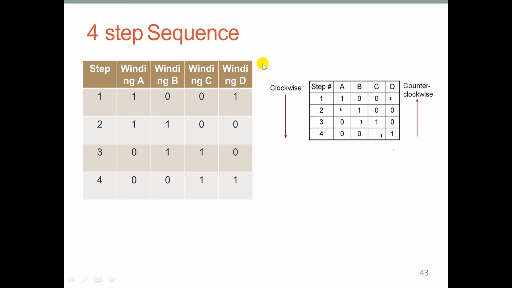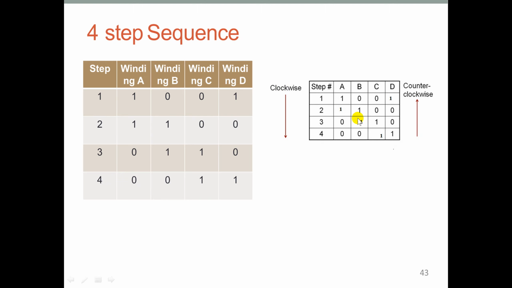In the first step, winding A is given 1, winding B 0, 0 and 1. In the second condition we make 1, 1, 0, 0. In the third condition 0, 1, 1, 0. Fourth condition 0, 0, 1, 1, to the windings. For the clockwise direction, what are we going to do?